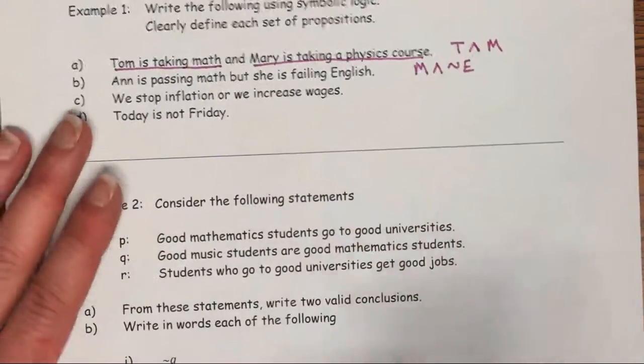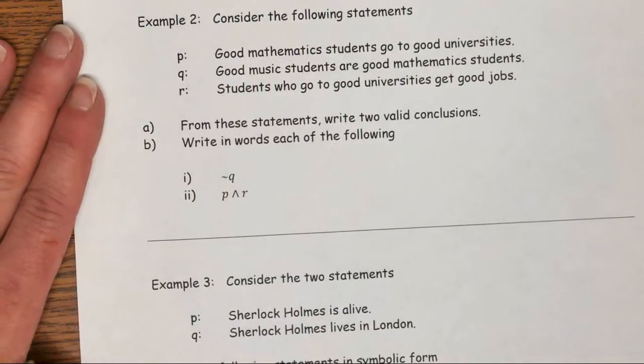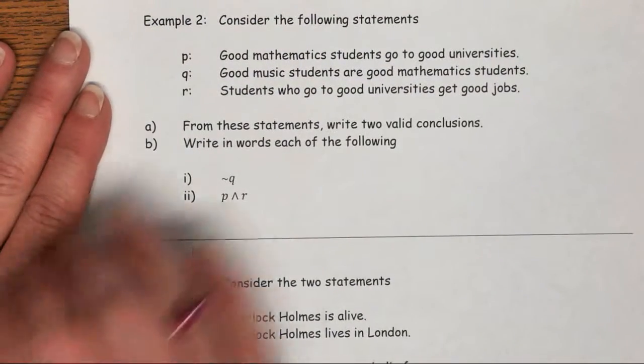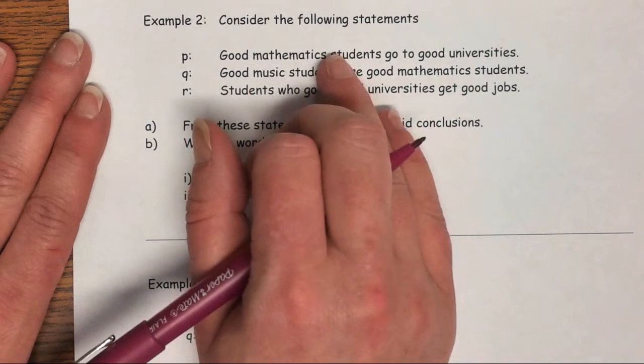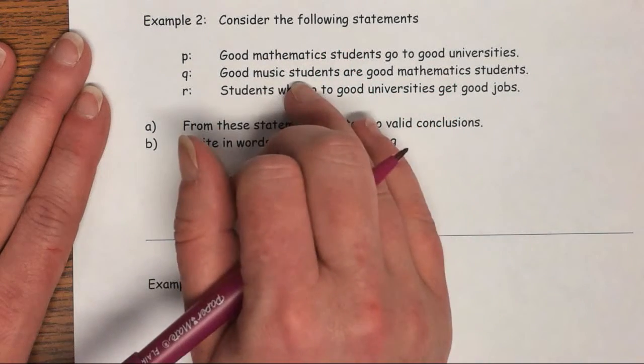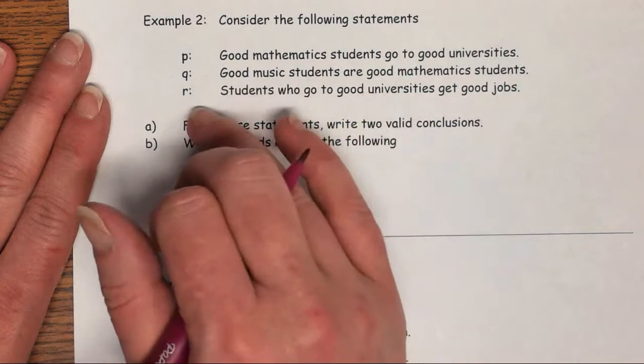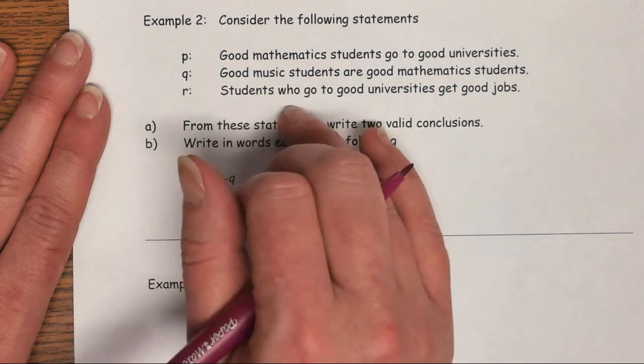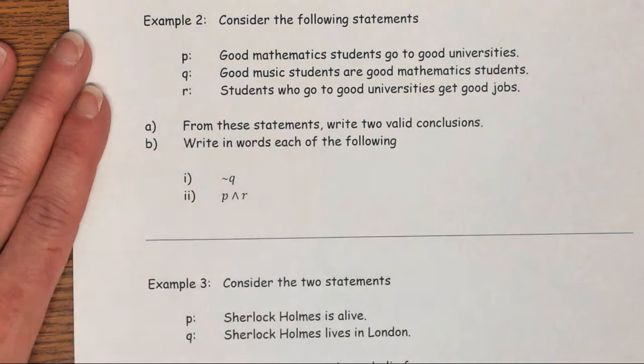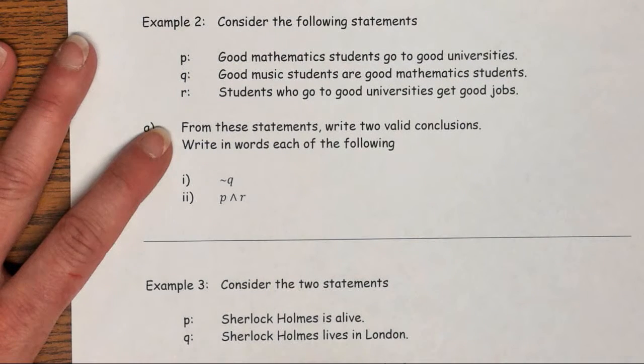And so forth. So let's go ahead and go to this one where they're already defined for us. Good math students go to good universities. Good music students are good math students. Students who go to good universities get good jobs. So from these statements, what would be two valid conclusions?